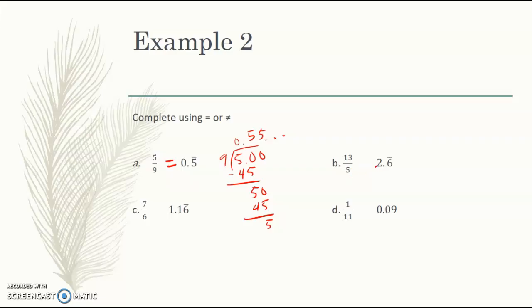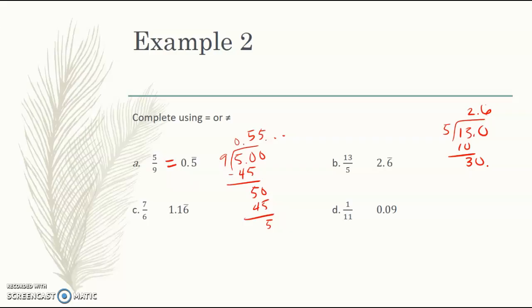When we move to B, I'm looking to see if 13/5 is equal or not equal to 2.6 repeating. So we're going to take 13 and divide it by 5. I know that 5 goes into 13 twice, which is 10, and we're left with 3. We put in our decimal and our 0, and then I ask myself, how many times does 5 go into 30?